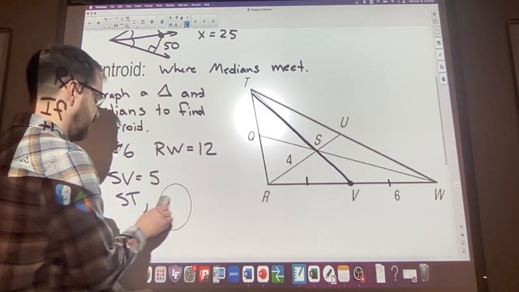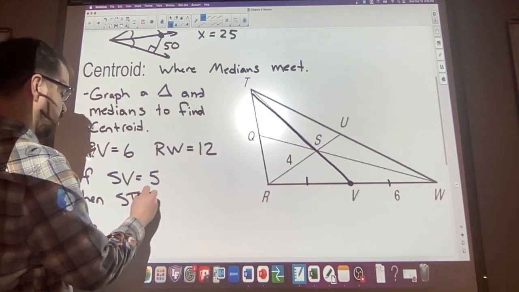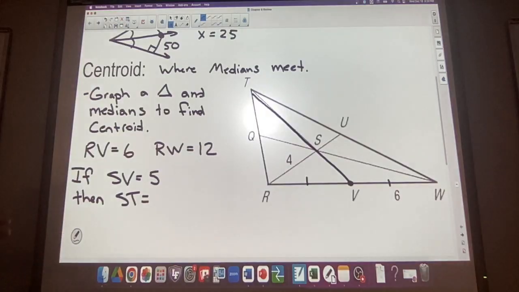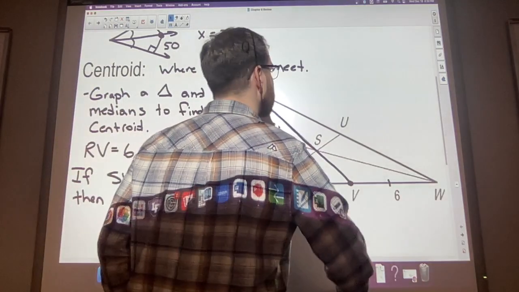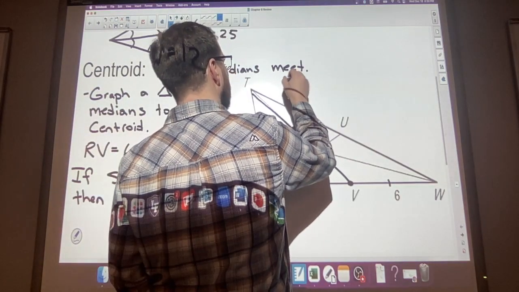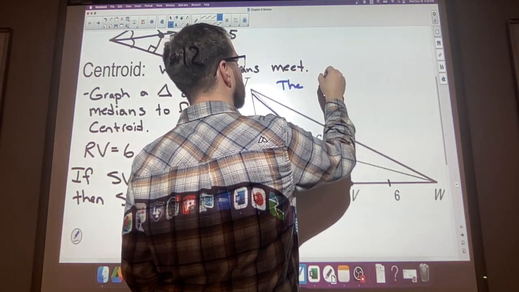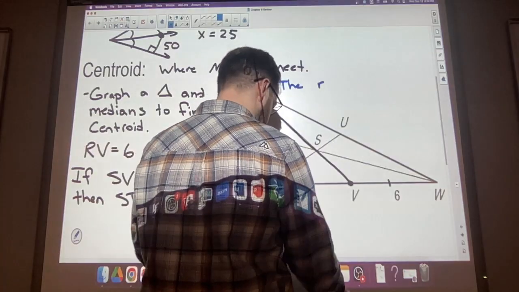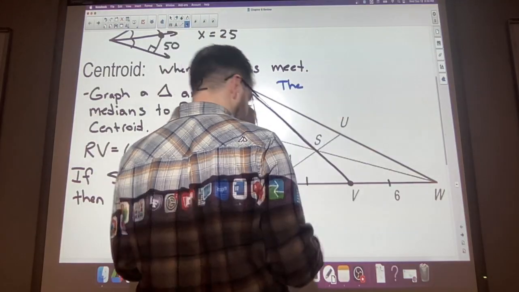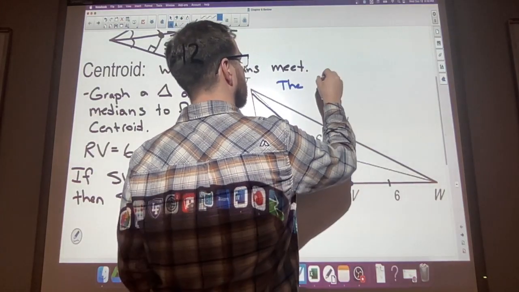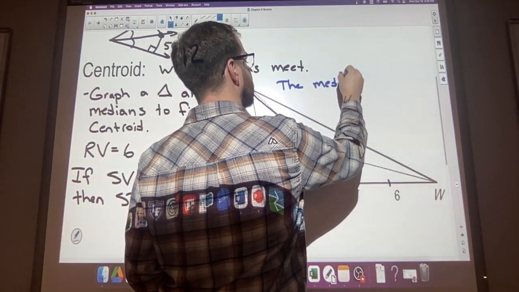Let me say this differently. So then ST would have to be, so okay, let's remember our ratios. So maybe I'll write this over here. So the ratio, I'm having a brain fart here. Okay, so the median is split.